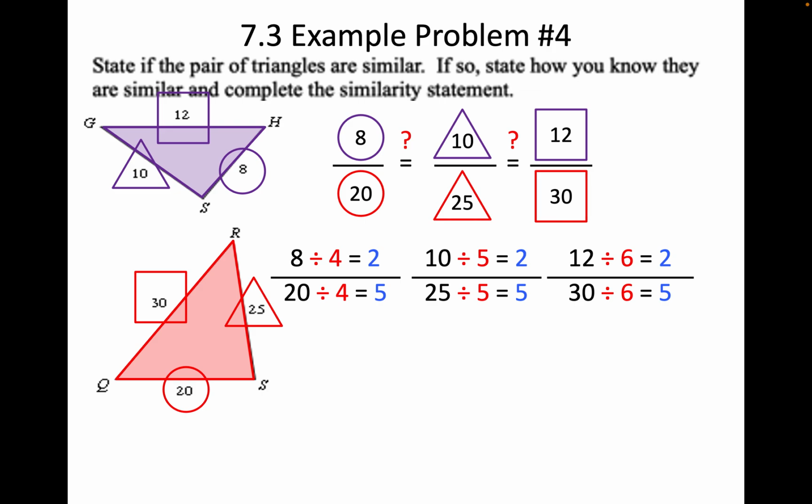And for 12/30ths, if I divide by 6 on the numerator and the denominator, I get 2/5. And 2/5 is equal to 2/5 is equal to 2/5. Is that the case? Yes, of course it is. So I would know that these three sides are proportional, therefore the triangles are similar.